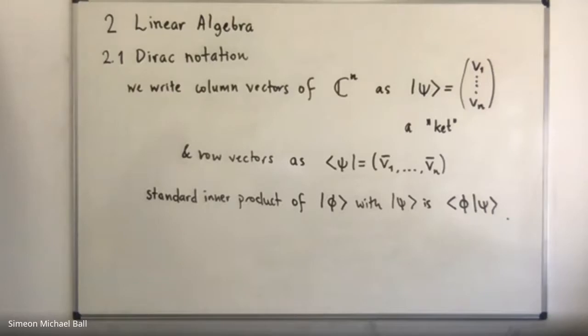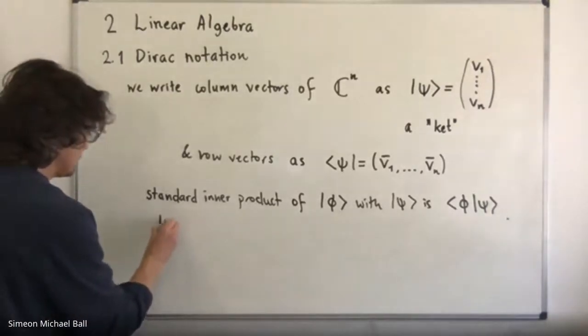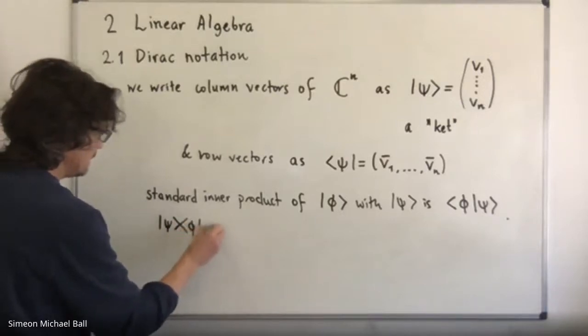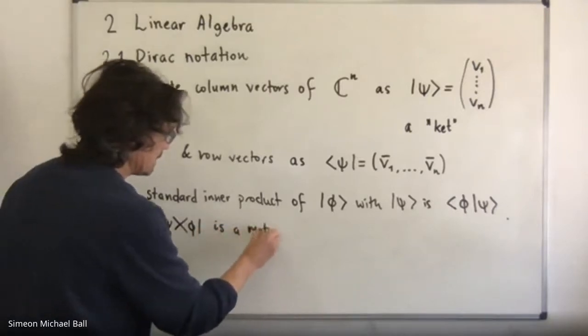And as we noticed before, if we write it the other way around, the ket bra, this is a matrix of rank 1.